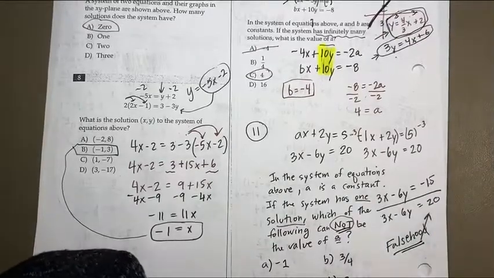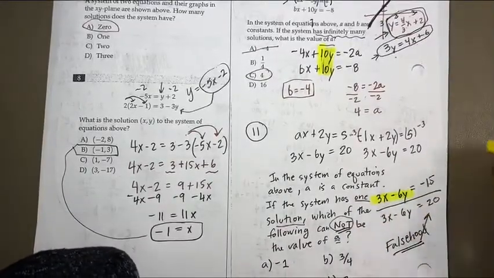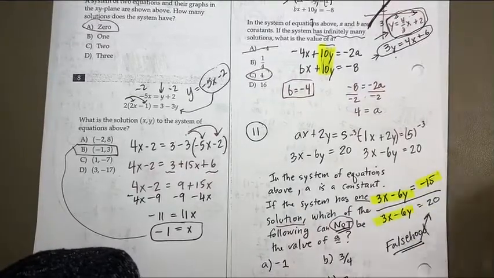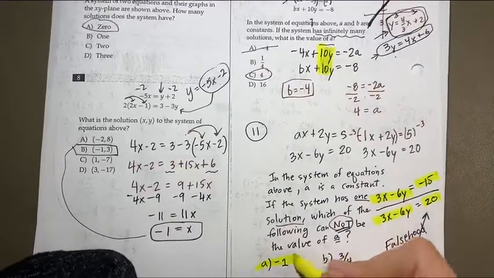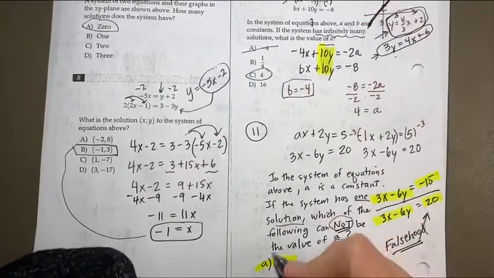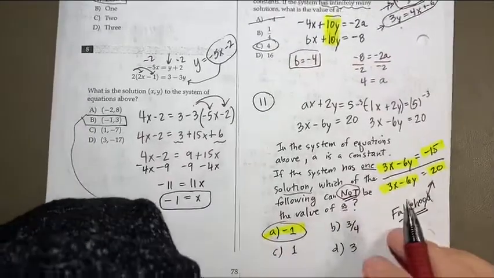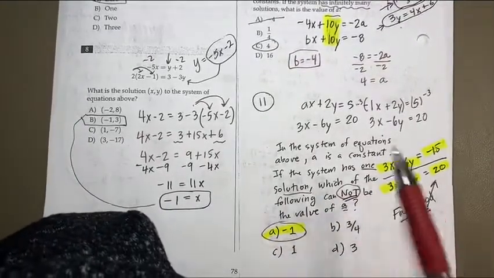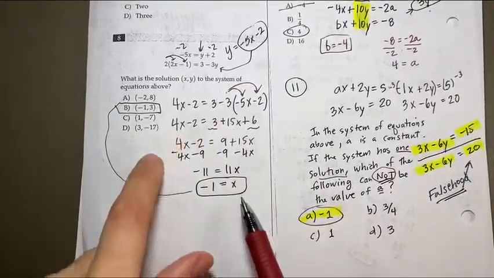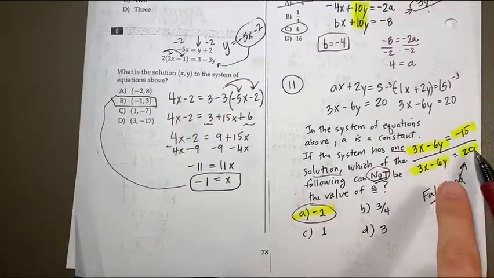It's saying 3x minus 6y is equal to -15, and 3x minus 6y is equal to the number 20. That can't happen. This expression can't be these two numbers at the same time. So that's exactly what I was looking for: if this should be able to solve out like all these other questions, this one can't be solved.